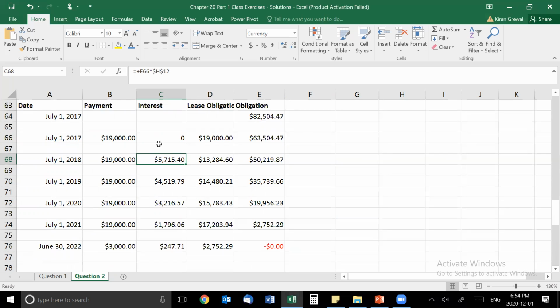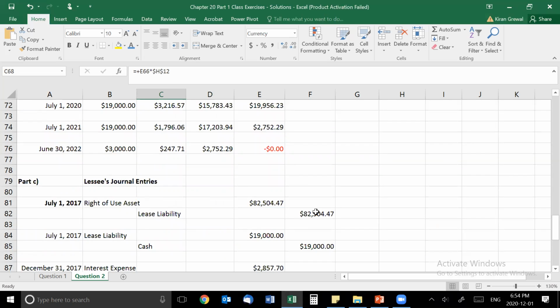So this 57.15 incorporates a full year. We are doing the journal entries for the year end, which is December. So we have to figure out the number of months from July 1st, 2017 to December 31st, 2017, and only incorporate that portion.